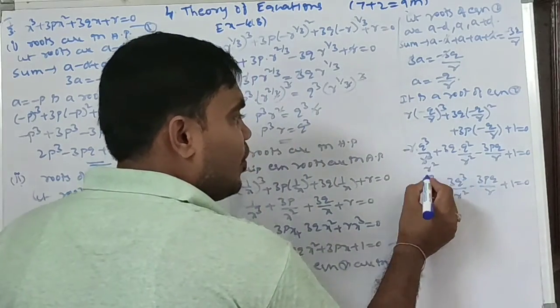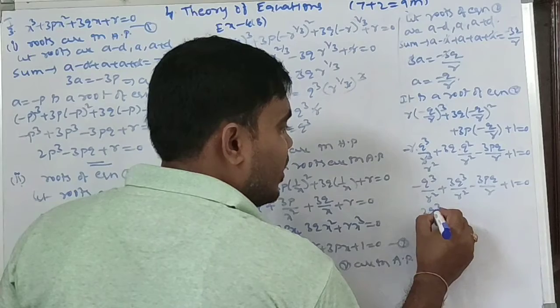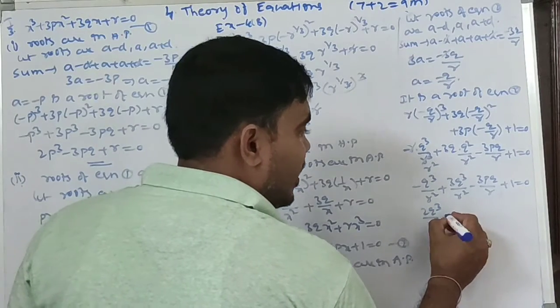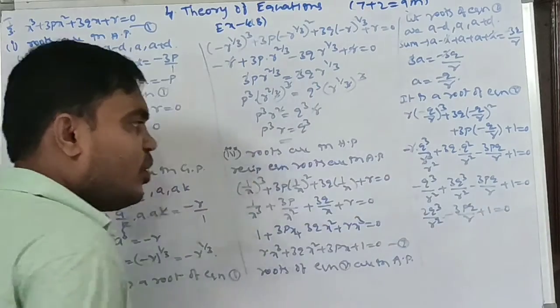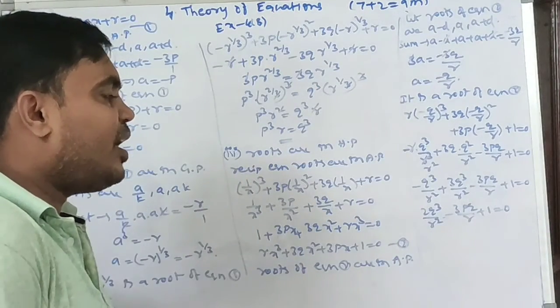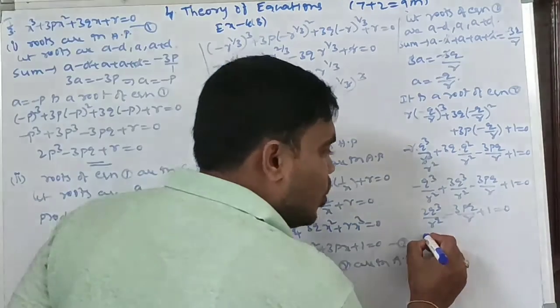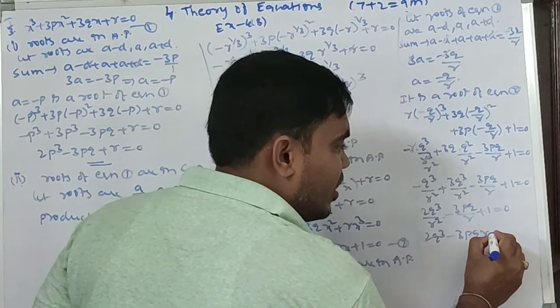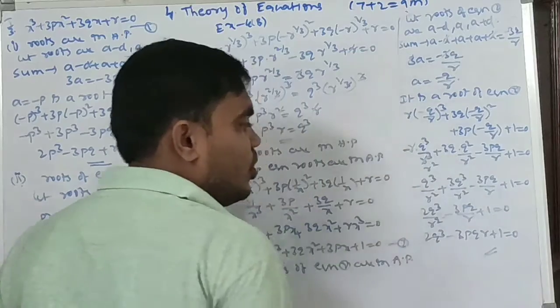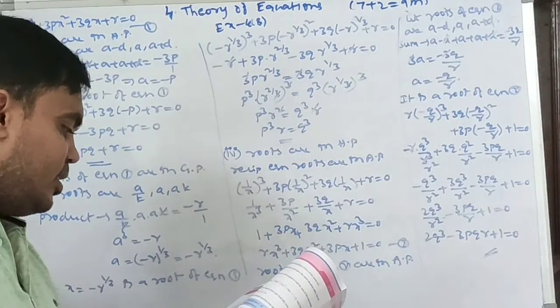So 3q³ − q³ gives 2q³/r² minus 3pq/r plus 1 equal to 0. The denominator's highest power is r², so I want to multiply with r²: 2q³ − 3pqr + r² equal to 0. This is the required condition.